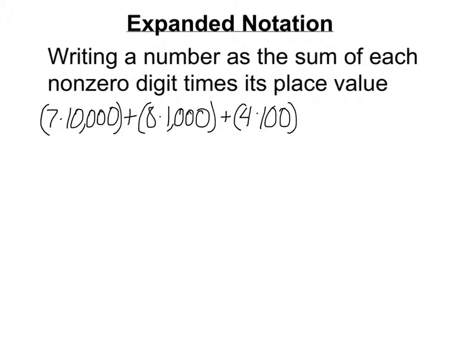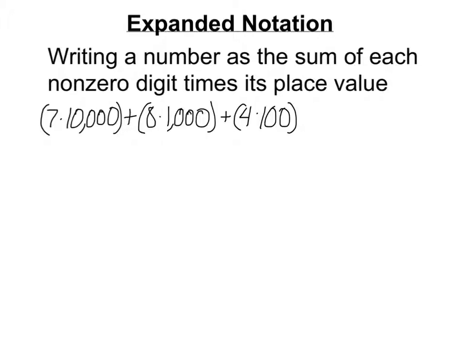So if I have 7 times 10,000 plus 8 times 1,000 plus 4 times 100, I can change this back into standard notation, meaning just a normal number that we're used to, by just working this out as an order of operations problem. But that's the slow way.